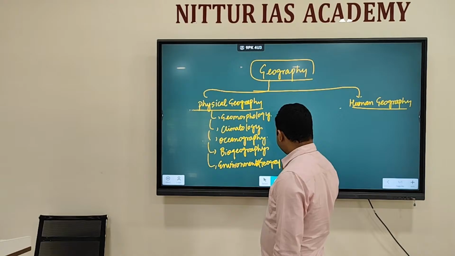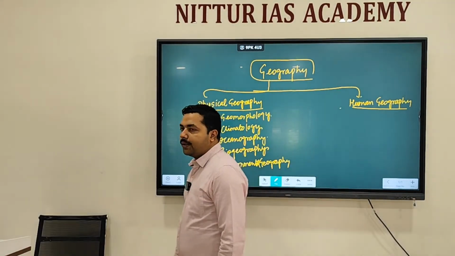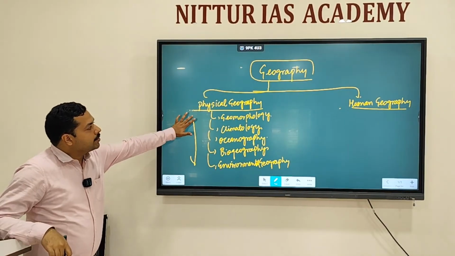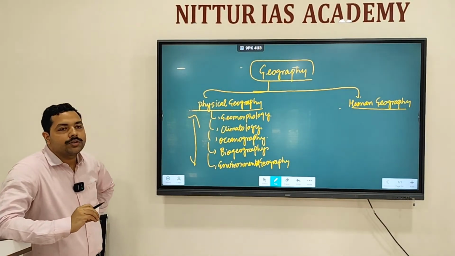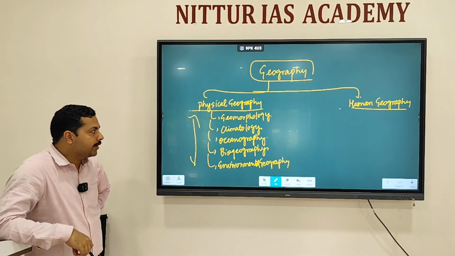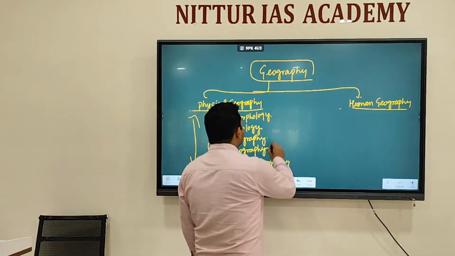So these are the classification of what we call physical geography: geomorphology, climatology, oceanography, biogeography, as well as environmental geography. Clear? What does geomorphology mean?